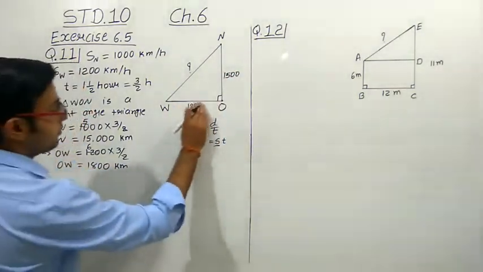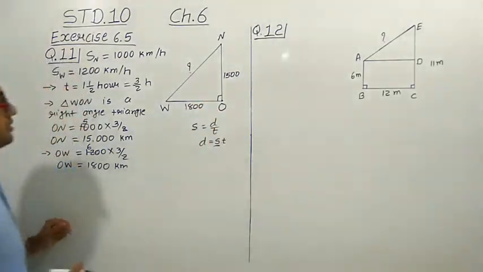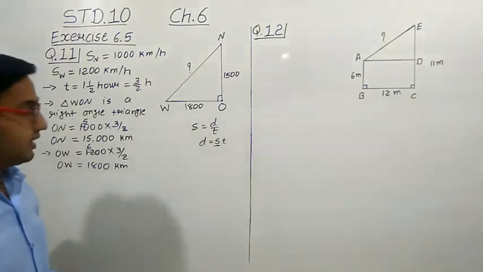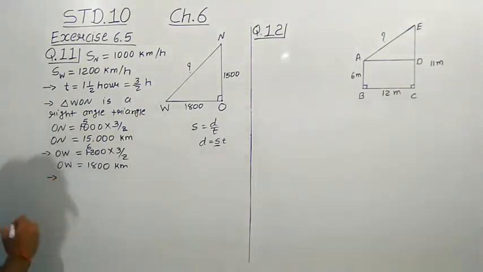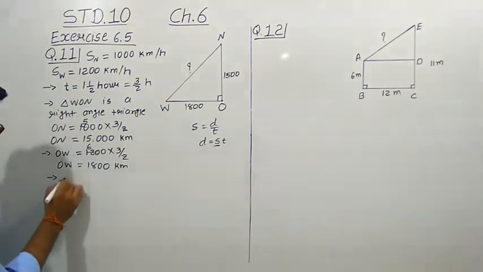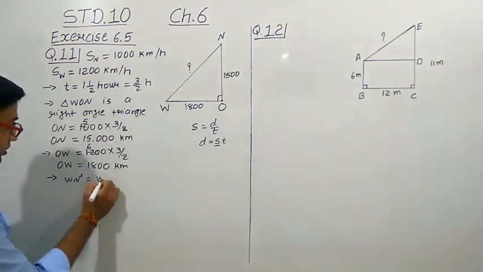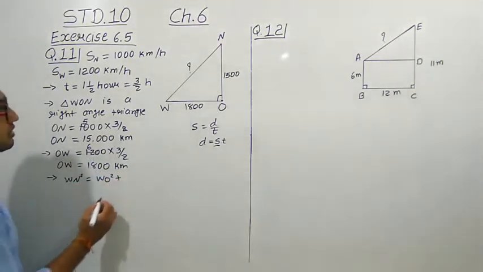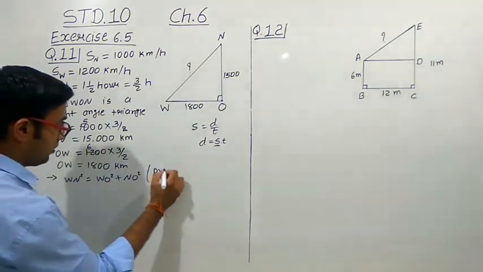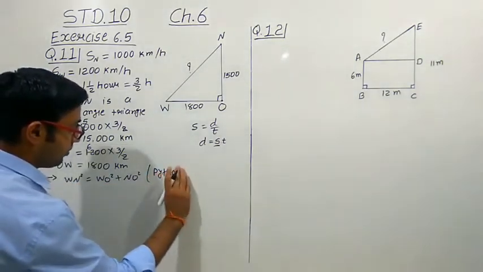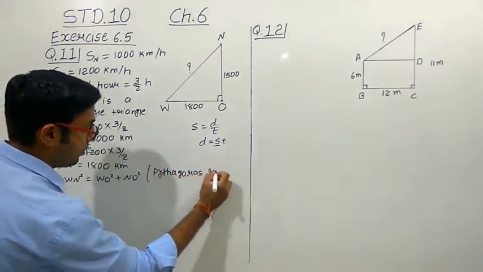Right? So now we know that as WON is a right angle triangle, we can apply the Pythagoras theorem. We can write that the hypotenuse is WN. WN square is equal to WO square plus NO square, according to the Pythagoras rule.